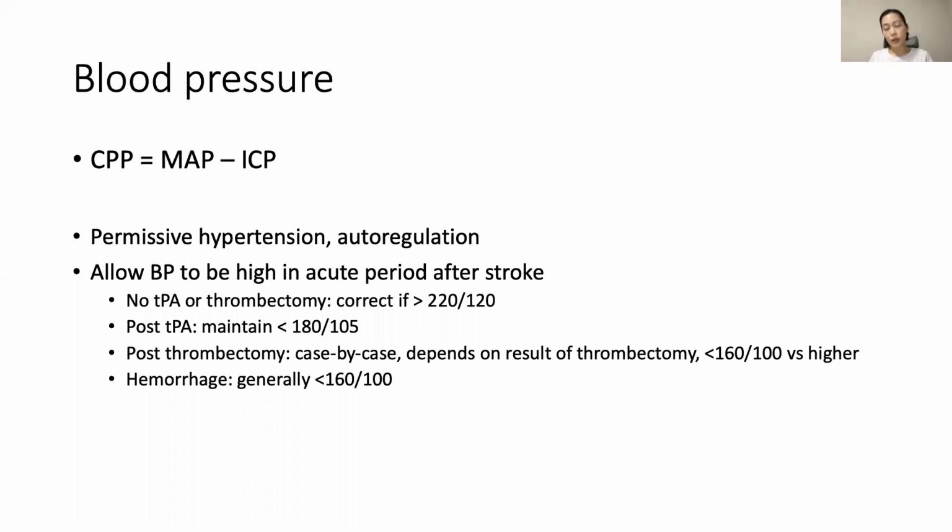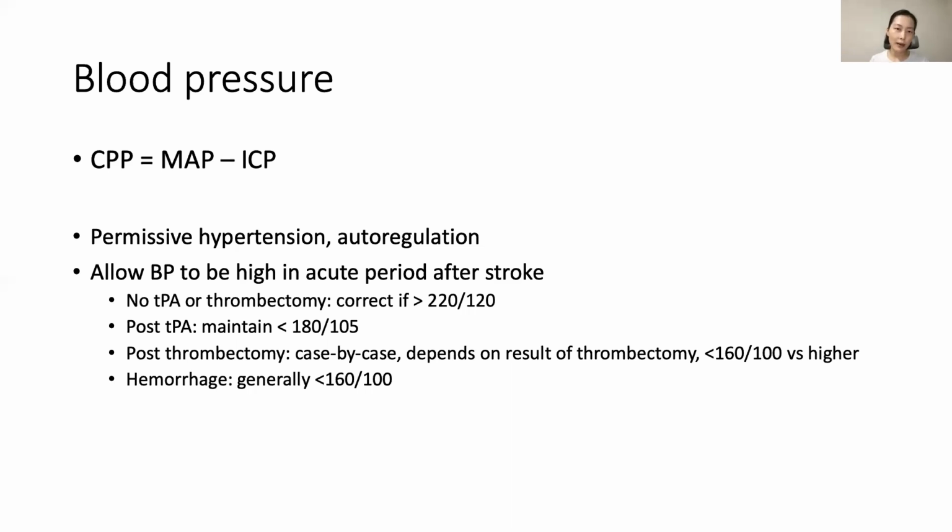Blood pressure is probably the most important part of post-acute stroke care. And the thing to remember is that cerebral perfusion pressure is dependent on MAP and ICP. And we definitely want to maintain a good CPP to perfuse the brain in both ischemic and hemorrhagic strokes.